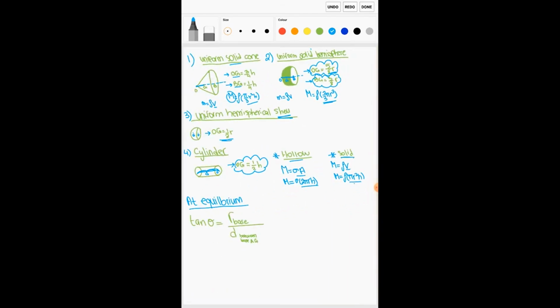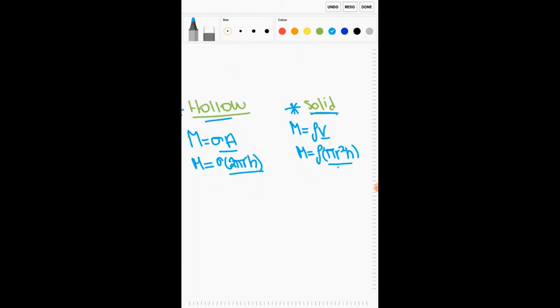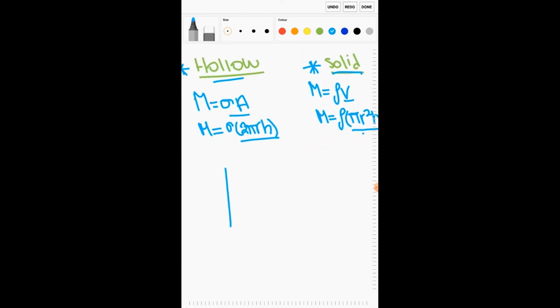So when they're telling you that they're combining shapes, for example, let's say this is a solid cone with a cylinder, and the x-axis is supposed to be in the middle.